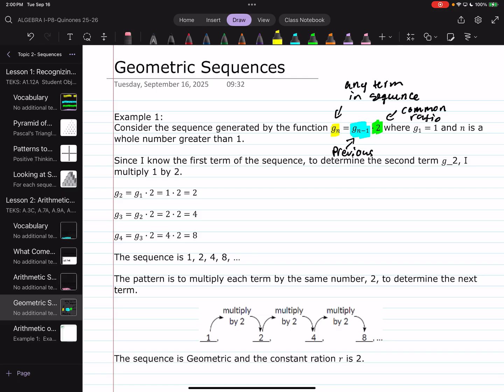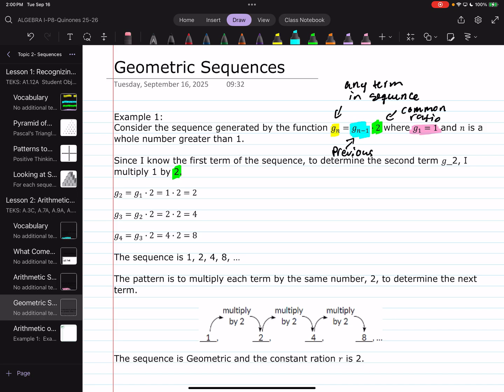So here we go. For a quick version, we are told that g sub 1, the first term in the sequence, is equal to 1. According to this, the common ratio is 2. So what does that mean? We're going to multiply the first term in the sequence by 2.